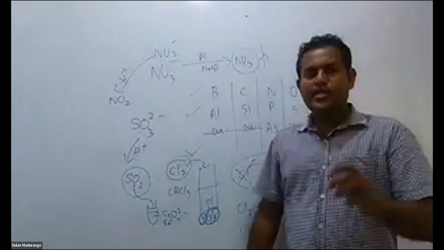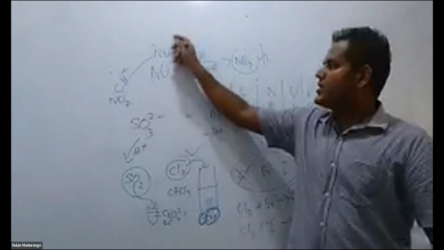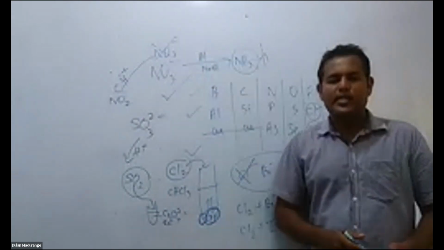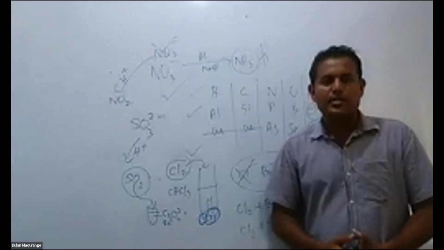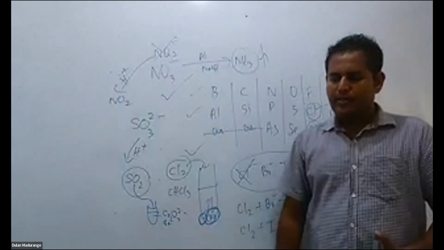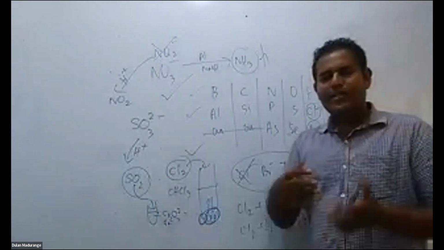This confirms that NO2- is absent and only NO3- is present, because in the initial observation we did not get any colored gas like NO2. Clear? These are the things you should notice carefully.